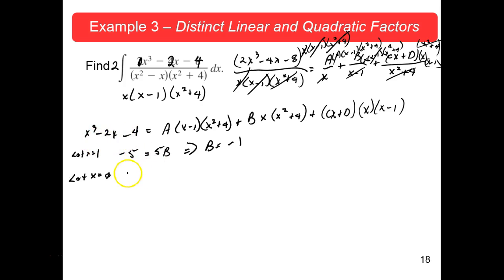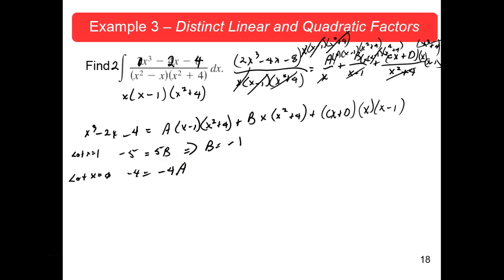Negative 4. Negative 4 is equal to, now you don't lose anything here, so you have to plug in x equals 0. Well, 0 minus 1 is minus 1. So it's a times minus 1 times, but 0 squared is 0 plus 4 is 4. So minus 1 times 4 is minus 4a.